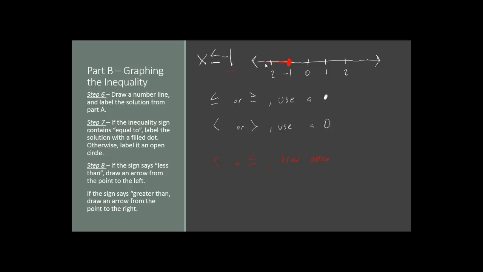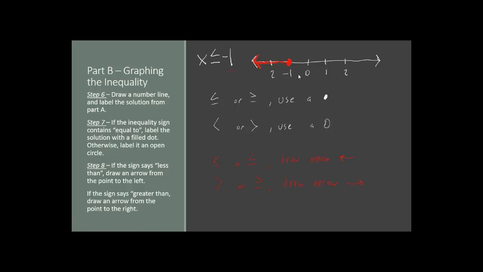That's the numbers over here. Big red arrow right there. If it had said greater than or greater than or equal to, we would draw the arrows toward the right side, toward the numbers that are greater than negative 1.